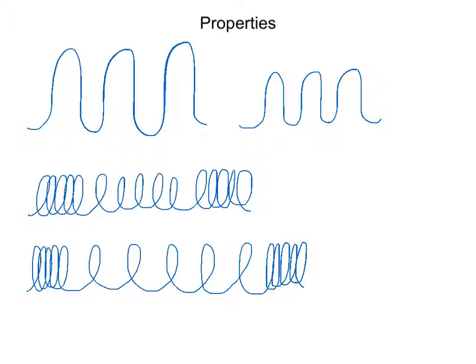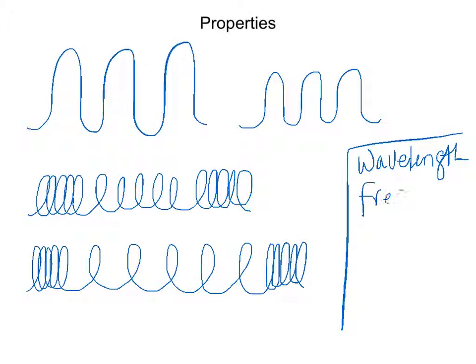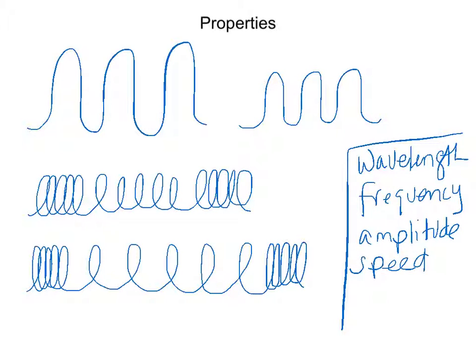All right, when we are looking at the properties of each wave, we can look at wavelength, we can look at frequency, amplitude, and speed. The wavelength on a transverse wave is simply from one corresponding part to the next corresponding part.